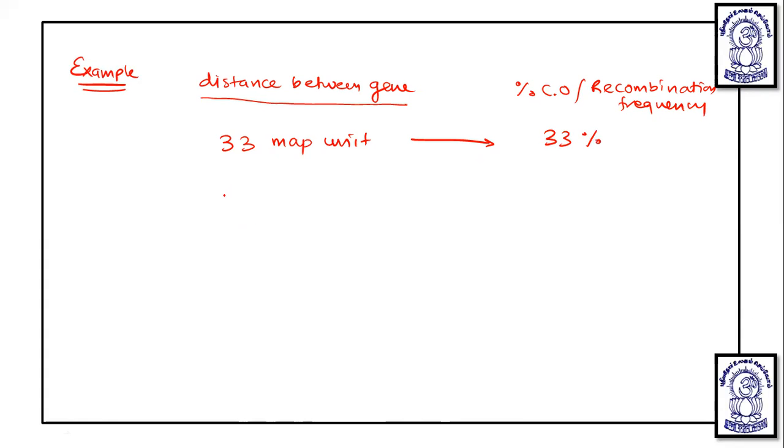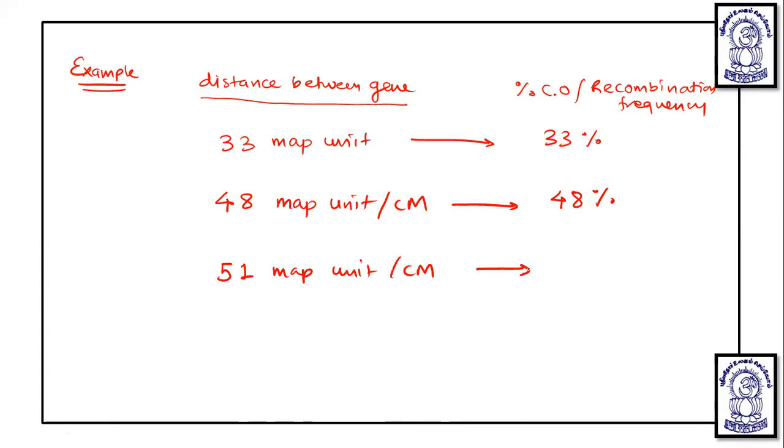If the distance between genes is 48 map units or centimorgan, then the recombination frequency is going to be 48%. But if the distance is 51 map units or centimorgan, then the recombination frequency is going to be 50%.